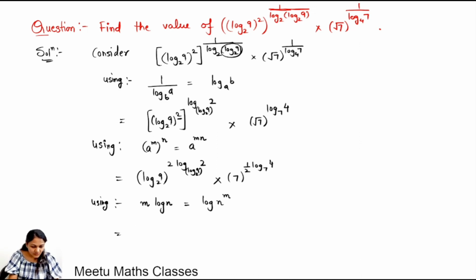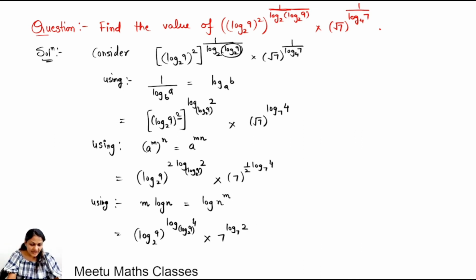So this 2 can be the power of this. So your expression will become log 9 with base 2 raised to power log of 2 raised to power 2, that is 4 with base this, and this half is going to be multiplied, it will become the power of 4. 4 raised to power half is 2.